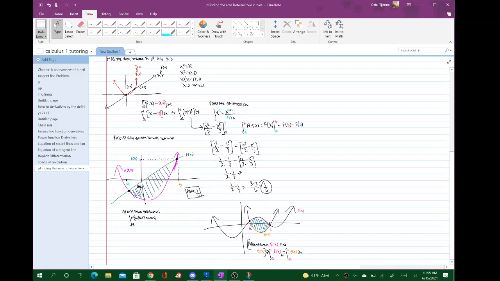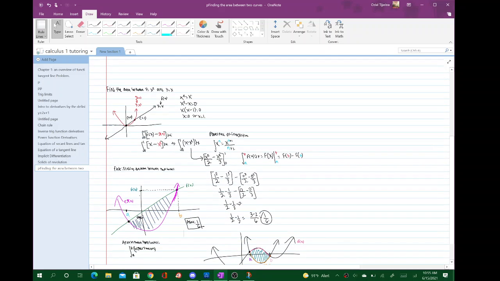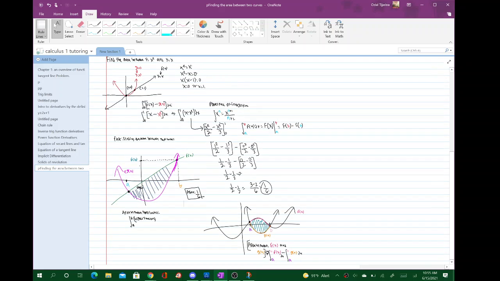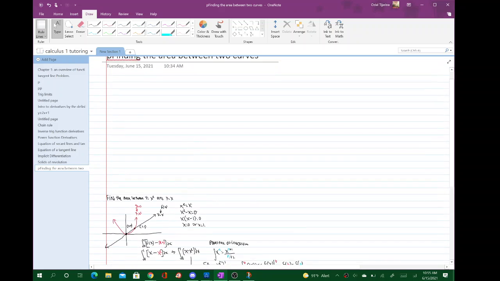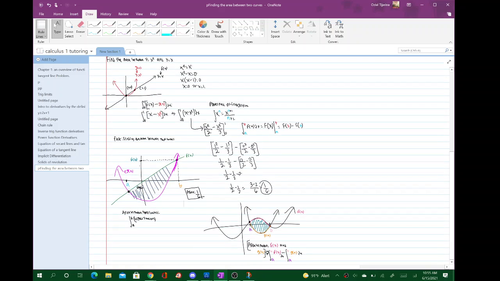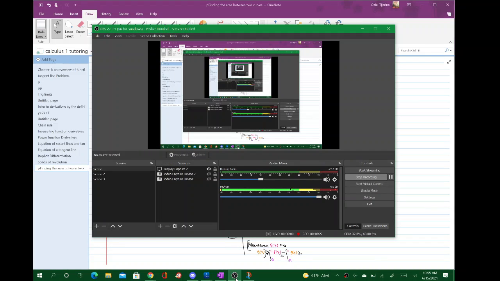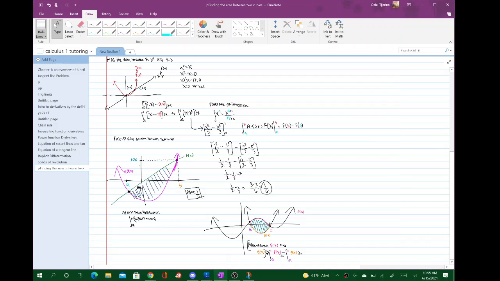That is how you find the area between two curves. So yeah, if anybody has any questions, let me know. I know this video took a little long. It's only because I was explaining the terminology behind it.